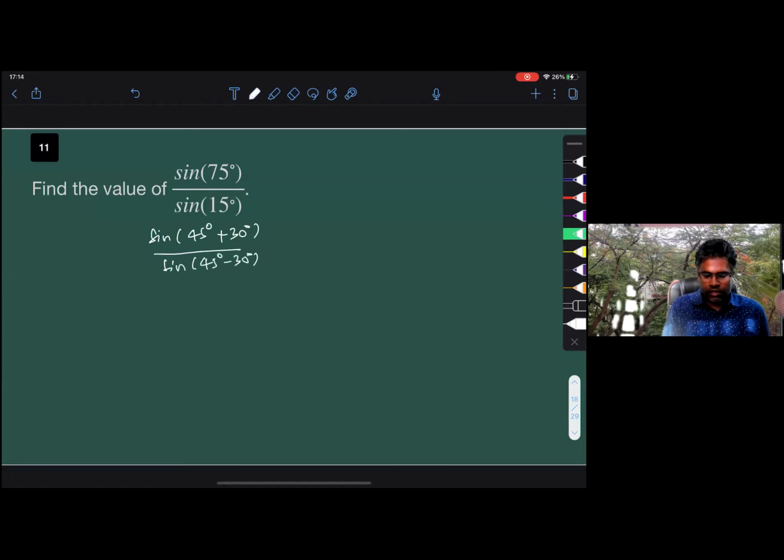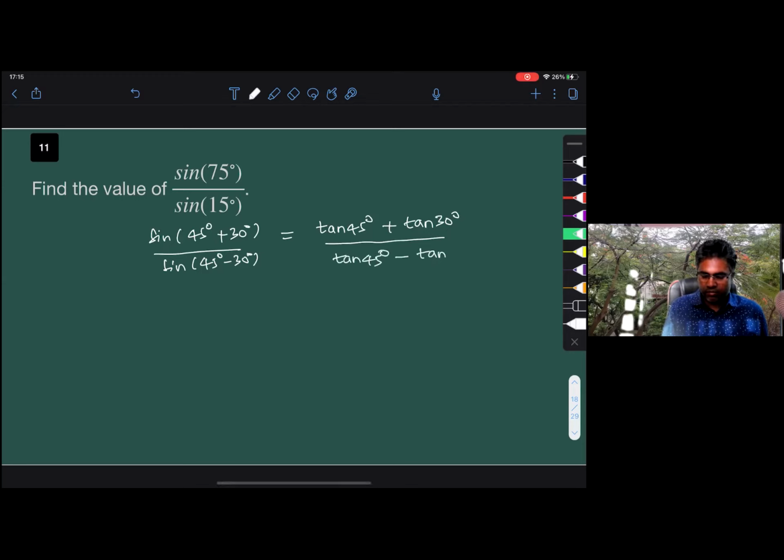Now, if you look at the previous one, it is saying that it is tan 45 plus tan 30. Again, I'm not saying that you can't open it up and do it. We're just using it. So tan 45 minus tan 30.